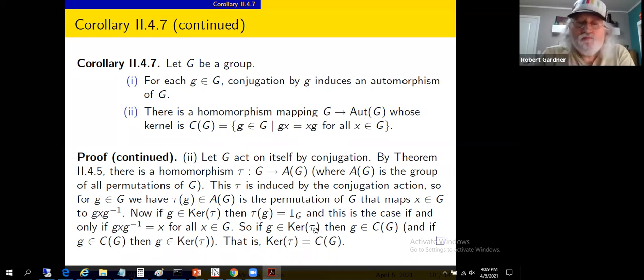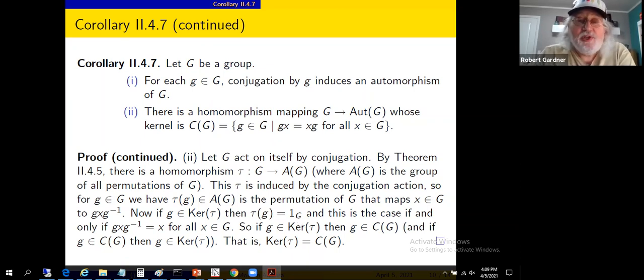But I know what tau of g does to elements x of G. It takes x to gxg inverse. Well, the identity, 1 sub G, as Hungerford denotes it, takes x to itself.